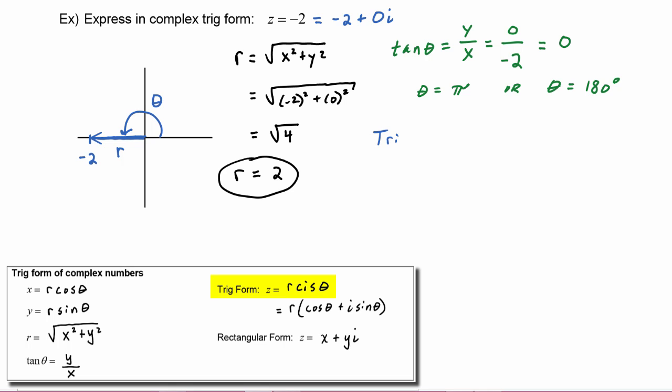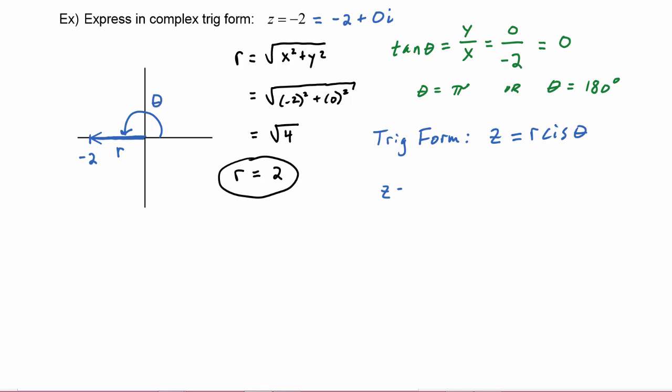Trig form is z equals r cis theta. So if we are in radians, z will equal 2 cis pi. And if we're in degrees, z will equal 2 cis 180 degrees.